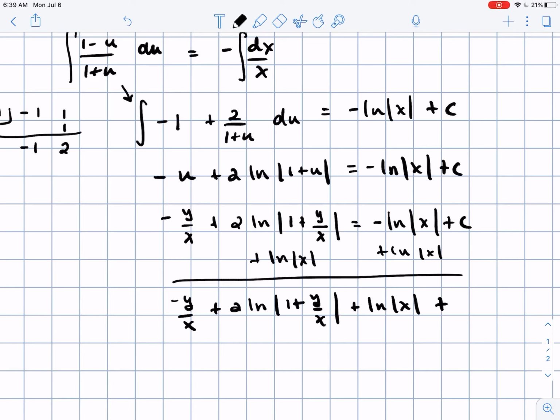So you might want to just have it equal c, which is fine as well. It just depends on what you would like.